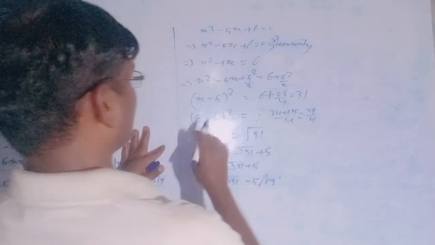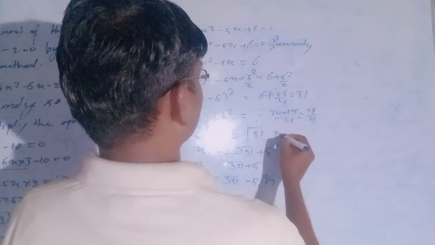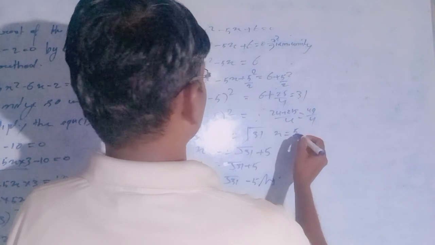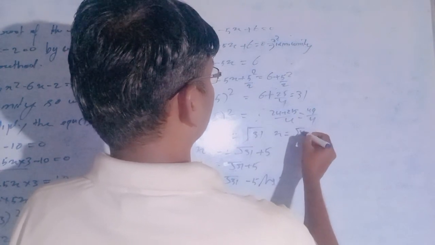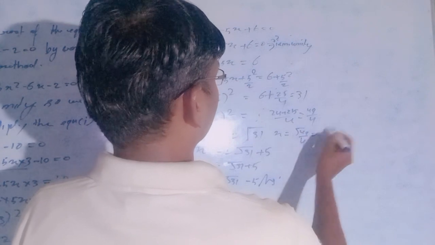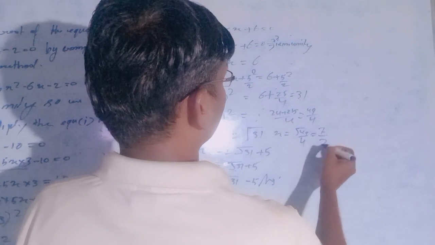So we can write this is equal to 49 by 4. So the root value: x is equal to plus minus root of 49 by 4. We can write it as 7 by 2.